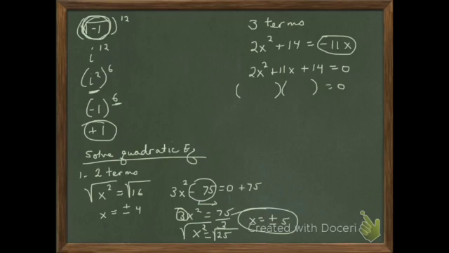Okay. Let's see. I'd have to have 2x and x. 2 times, let's see, it'd be 14, but I'm multiplying by the 2 here. That'd be 28. What are 2 numbers that multiply together to give me 28 and sum together to give me 11? That would be a 7 and a 4.